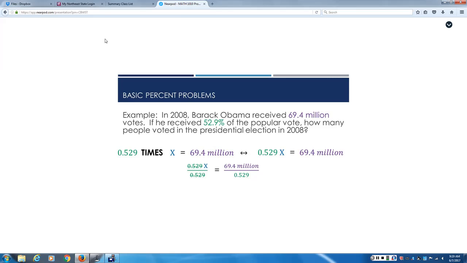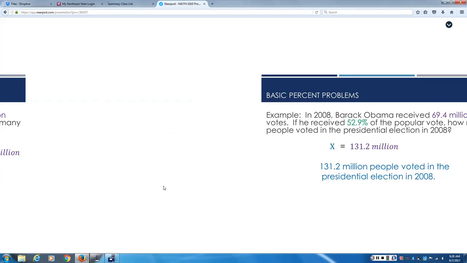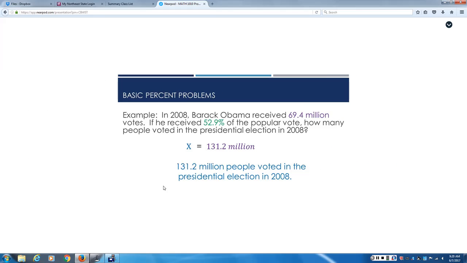What process are we having to use? Division. Okay? We're going to divide on both sides. So, 69.4 million divided by 0.529 is 131.2 million people that voted in the presidential election in 2008. Okay?